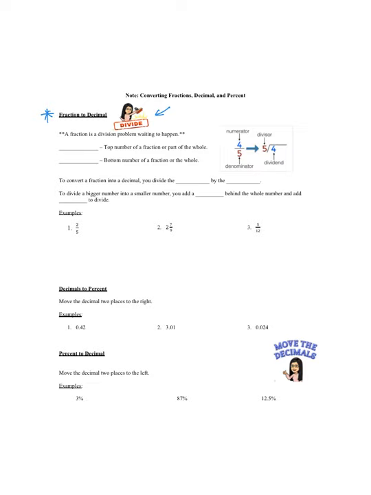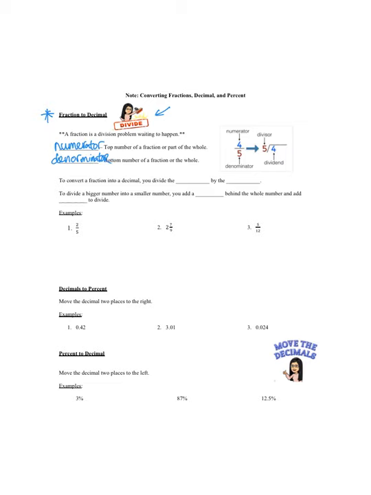A fraction is a division problem waiting to happen. The top number of a fraction, or part of the whole, is the numerator. The bottom number of a fraction, or the whole, is called the denominator.